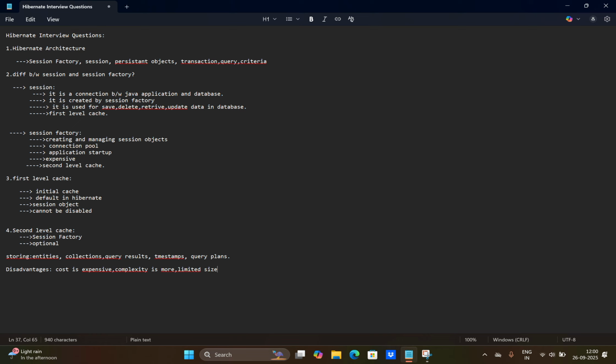Limited size means most probably the whole application uses just one session factory. There is also access latency, cache consistency overhead, and it does not maintain consistency.